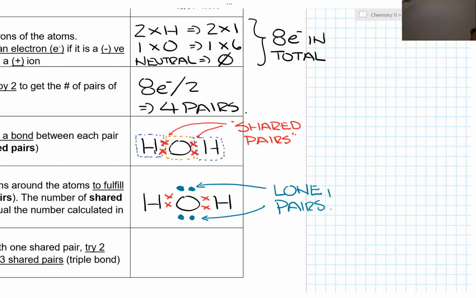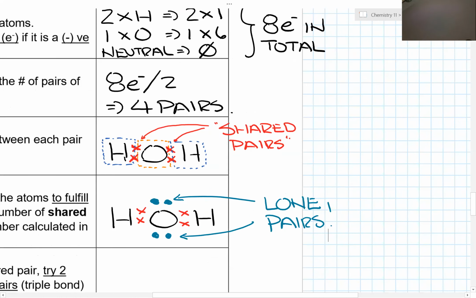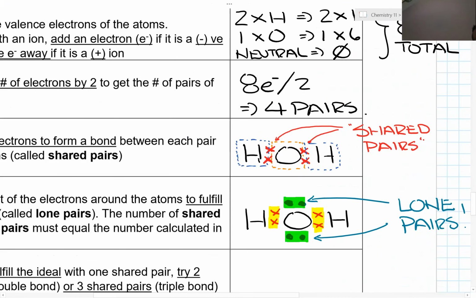Now, notice if you count the number of pairs, here they total 4. So we have 2 shared, so that's 1, 2, and we have 2 lones, 3, 4. That matches up the total that we have in step number 3.